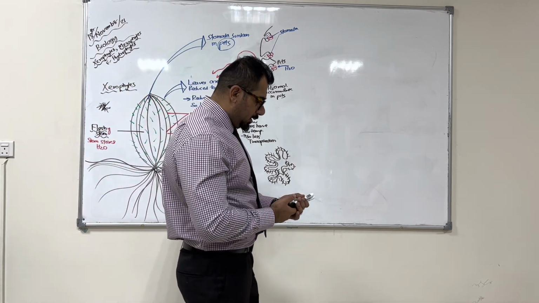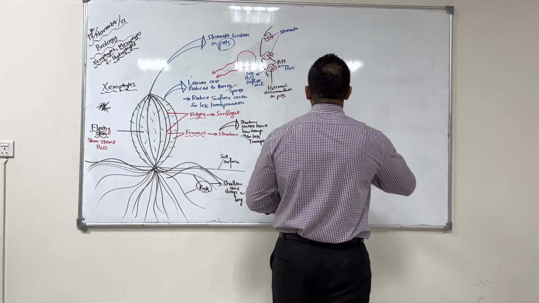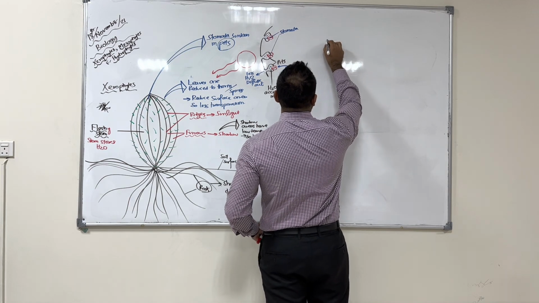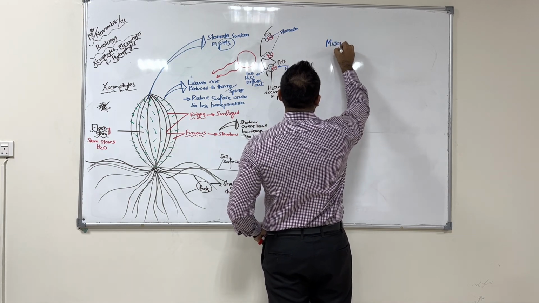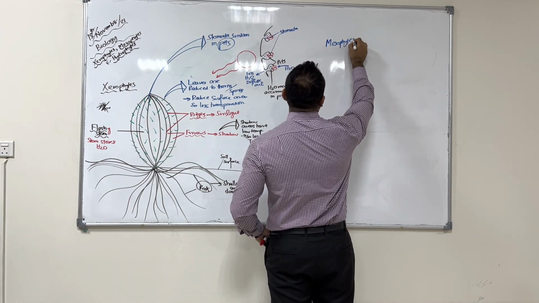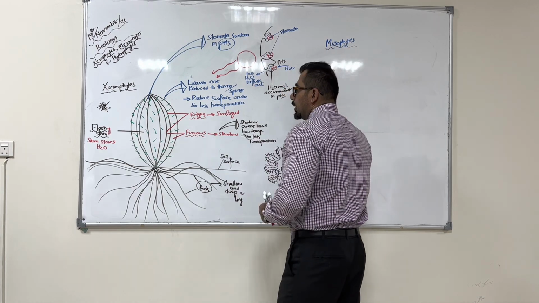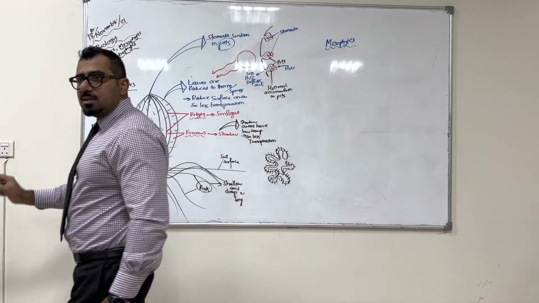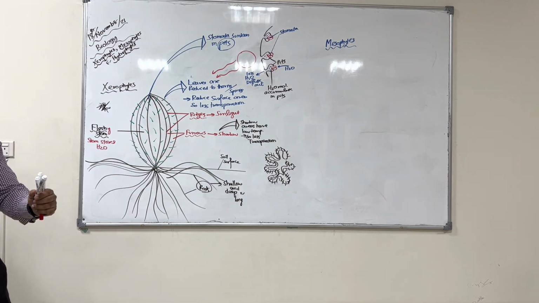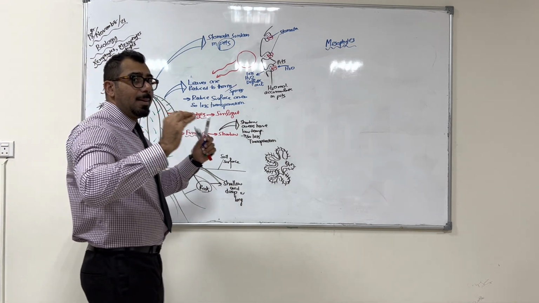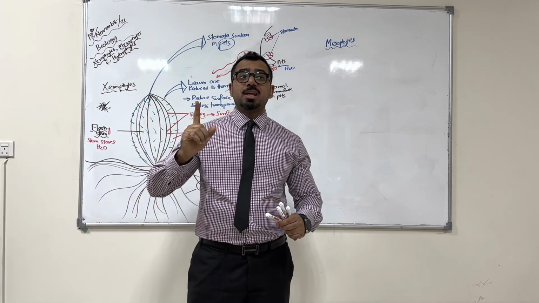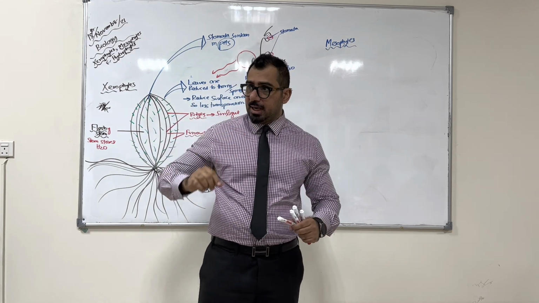Next thing, we are going to talk about mesophytes. Now xerophytes were the plants present in a habitat. Habitat is the place where an organism lives and survives, right?